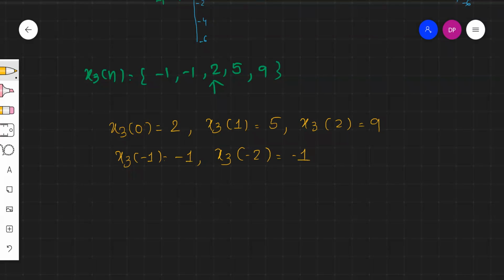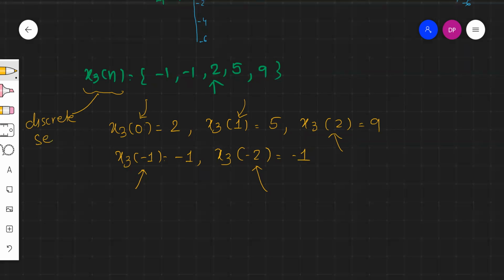So any discrete sequence is given, and the value of the sequence at a particular index. What are these numbers, -1, -2? These numbers are the index points, right? So at this particular index, what is the value of the sequence? X3 of n happens to be a sequence.